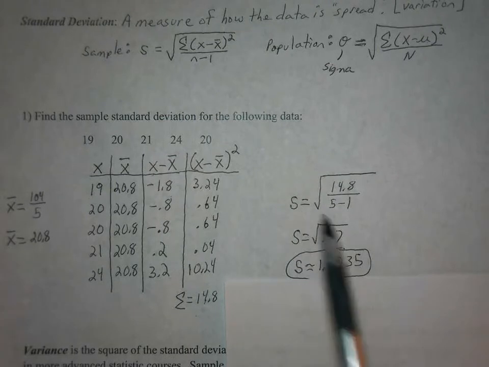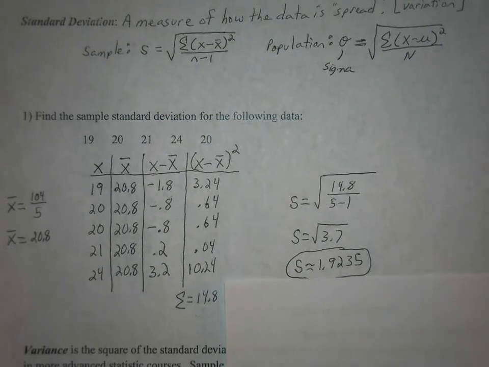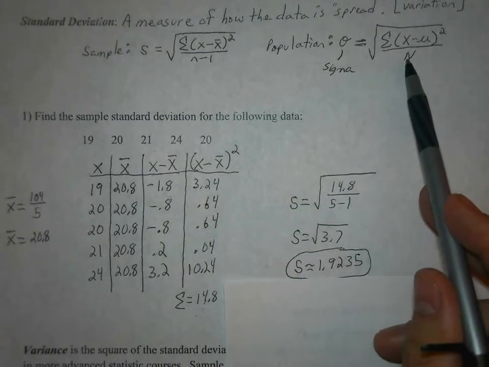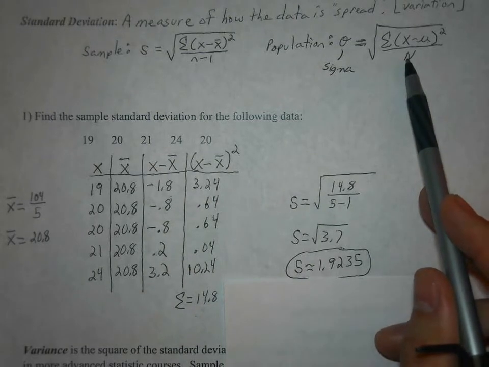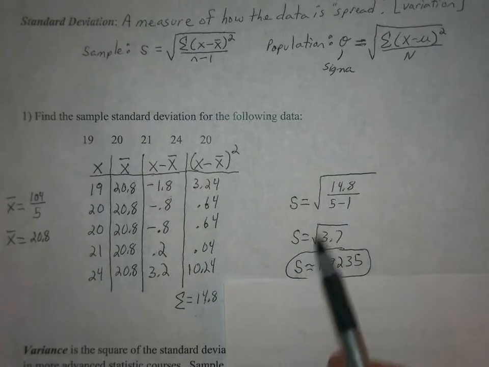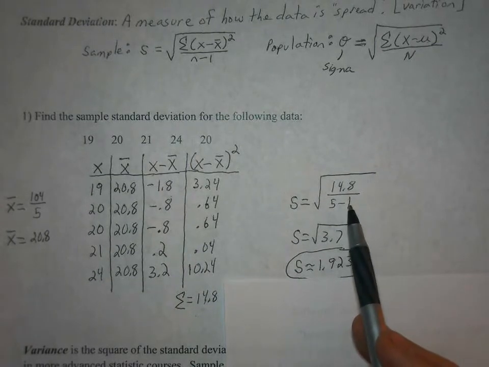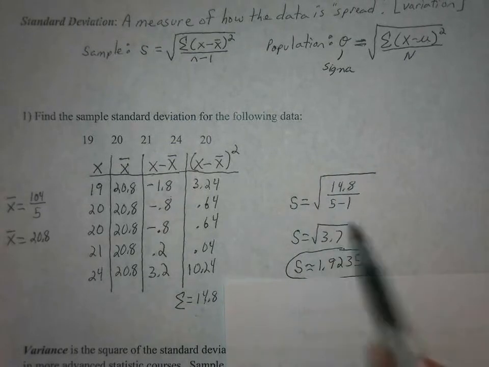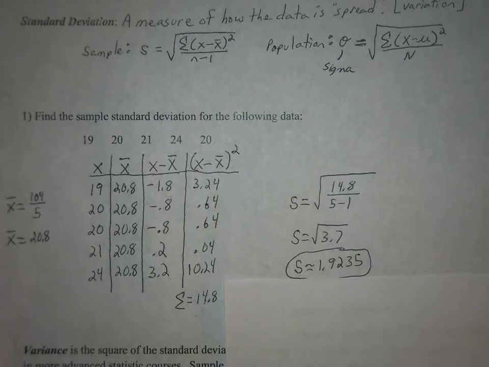If you had the population, so you knew all of your data values, then you divide by capital N, which is your population size. And you can see if you divide by 5 rather than 5 minus 1, dividing by 5 results in a smaller answer here. So the population standard deviation is going to be smaller than the sample standard deviation.